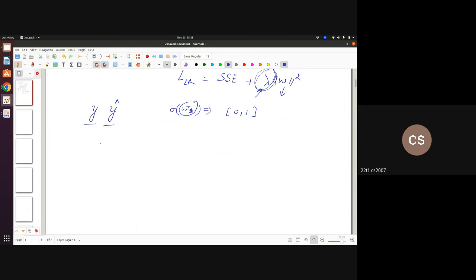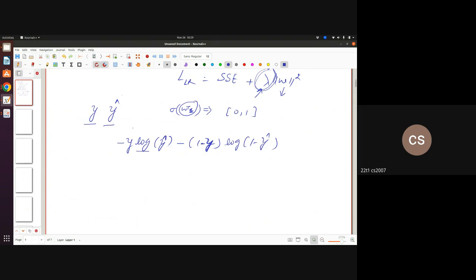So in case of a binary classification problem, minus y log y hat minus (1 minus y) log (1 minus y hat) is precisely what we use, right? This is binary cross entropy. So please note that log is used for y hat.